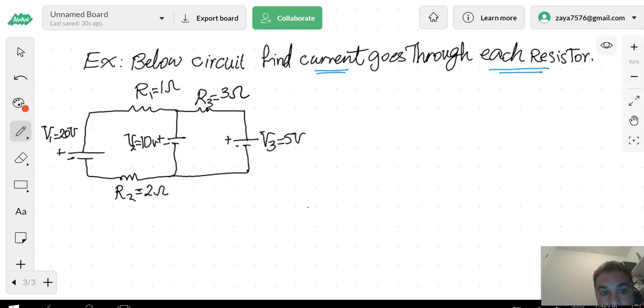One loop, two loops. Correct? So I can say this point and this point, they are actually junctions.